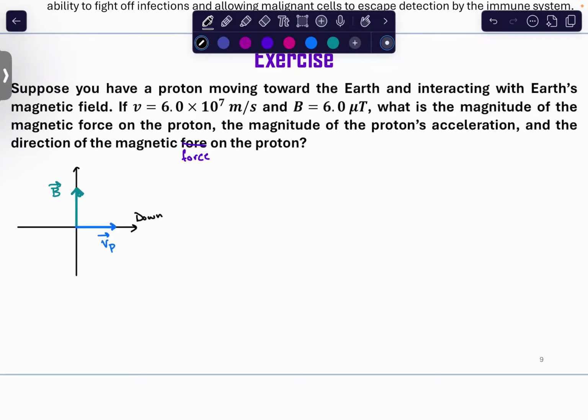So there's a couple of ways we could write this. I did it this way to start with. So the particle's moving down. Which way do the magnetic field lines of the Earth go? Which way do they point?